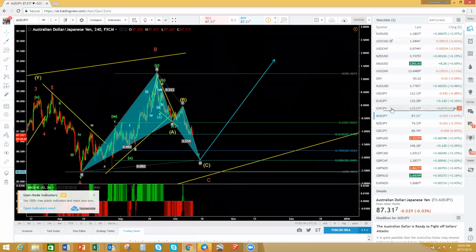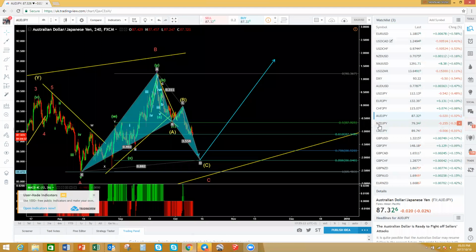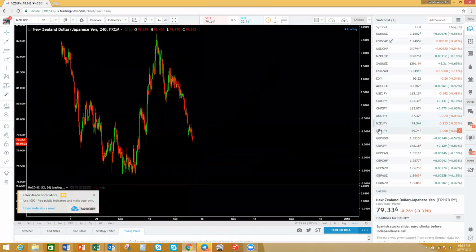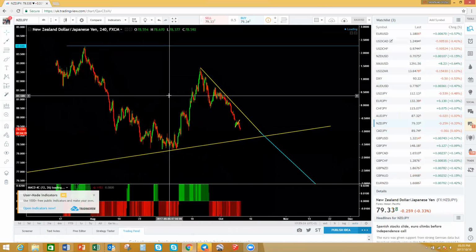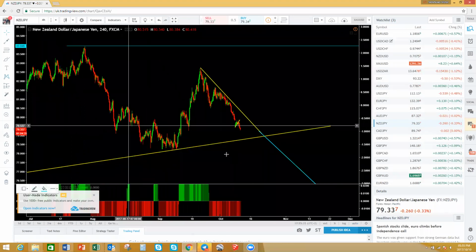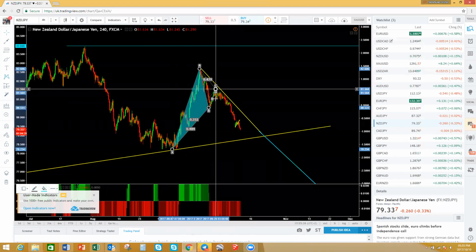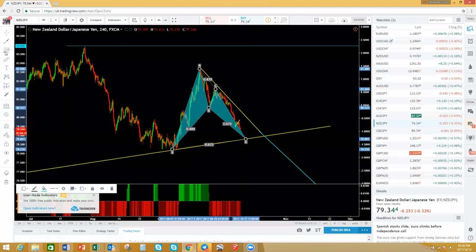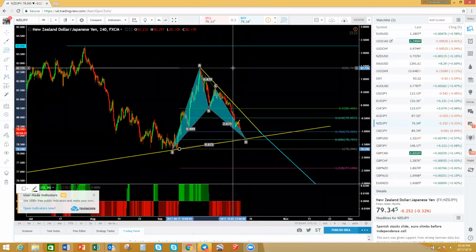Okay, so let's look at the next one. New Zealand JPY. There's a pattern there that you can trade. Very nice Gartley or Bat pattern there that will end around this area. Could end at the trend line. Even if it does end, I'm sure that trend line is right at the 78 or the 88.